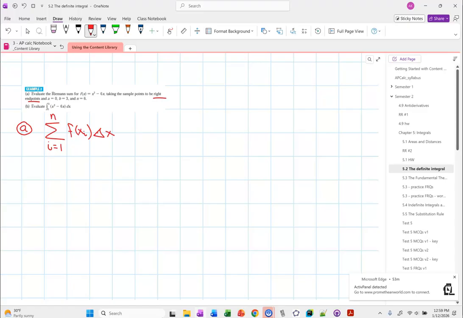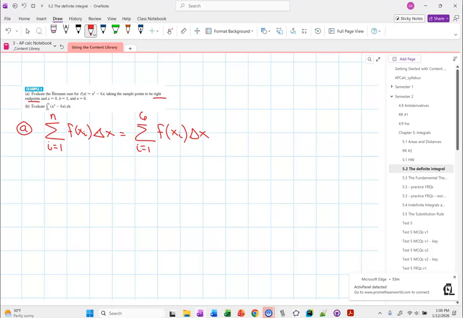So this is my Riemann sum formula with right endpoints. Is that okay? Because we're doing n equals 6, we can say this.